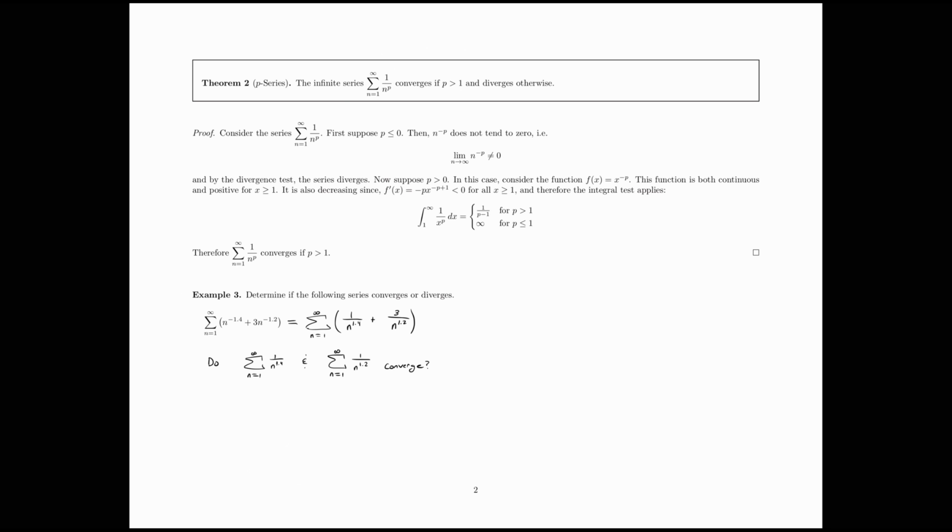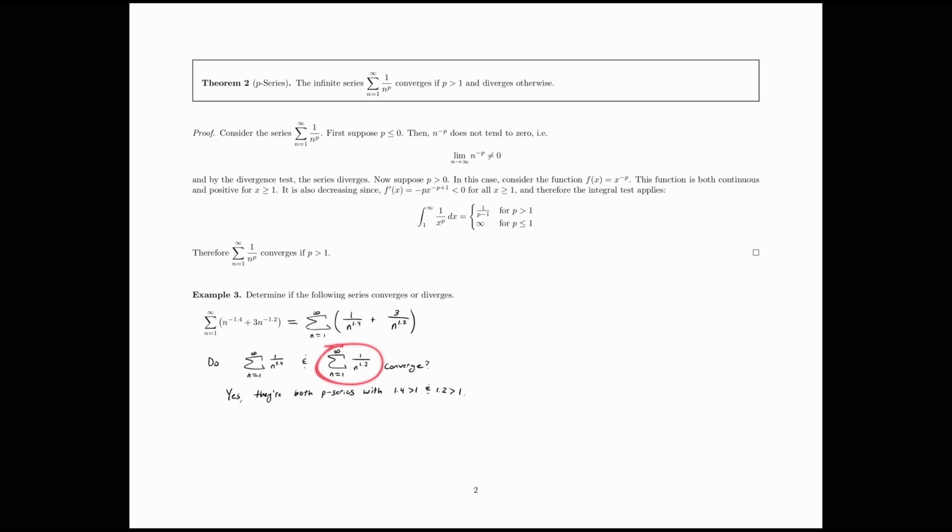Yes, they do. They're both p-series with 1.4 greater than 1 and 1.2 greater than 1. So, because each of these series converge, I know that if I multiply one of them by a constant, such as 3, then we will obtain a new series that converges.